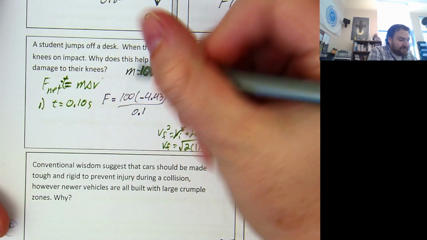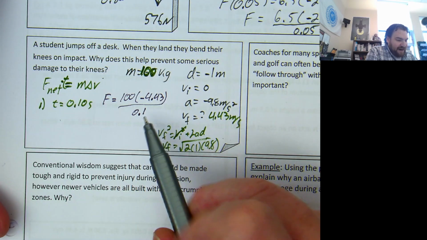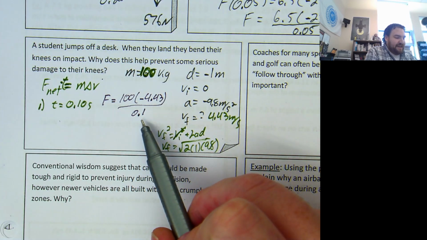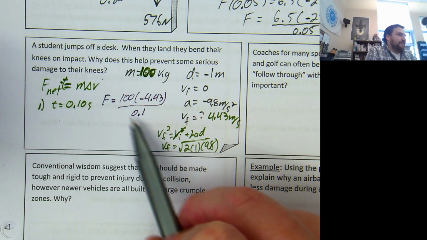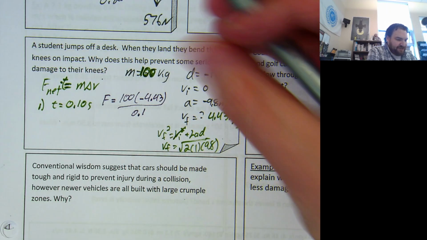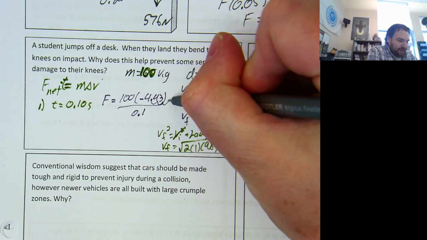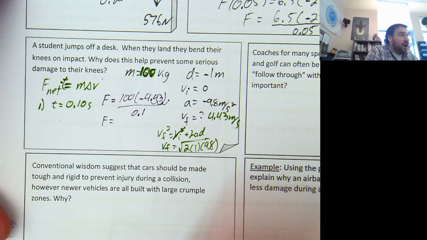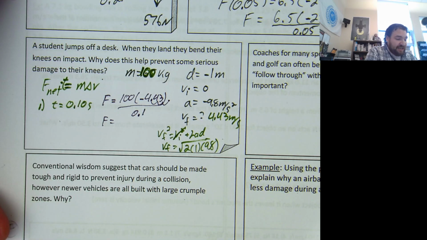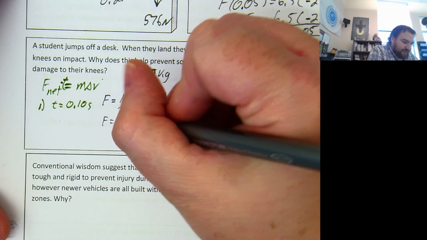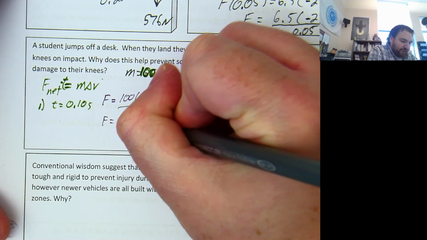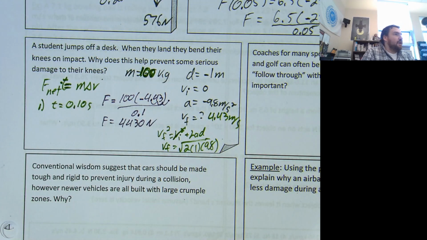These numbers are nice because dividing by 0.1 is the same thing as multiplying by 10. So multiplying by 10 and multiplying by 100, I'm just going to add 3 zeros to this. It's going to go over 1, 2, 3. The force required to stop me with the knees locked is 4,430 newtons on the knees. That is bad.